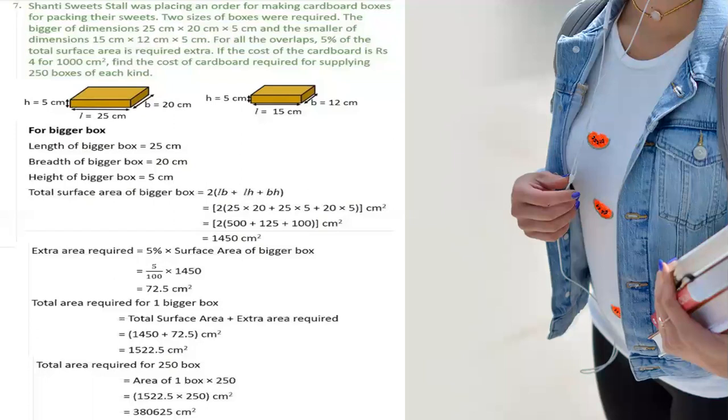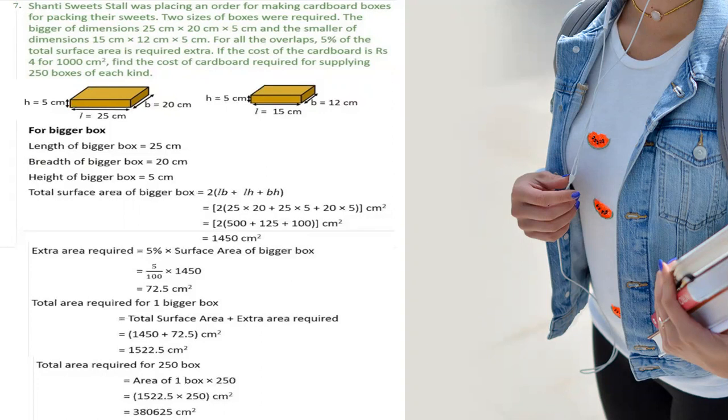So here we have one sweet stall which uses cardboard to make boxes for packing the sweets with 2 different sizes. One is a bigger box and the other one is a smaller box. Their dimensions are given and also given 5% of extra total surface area.